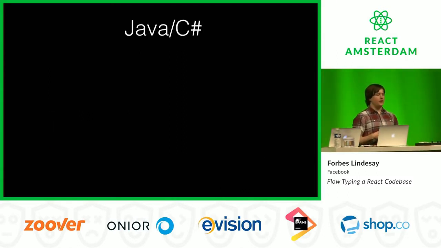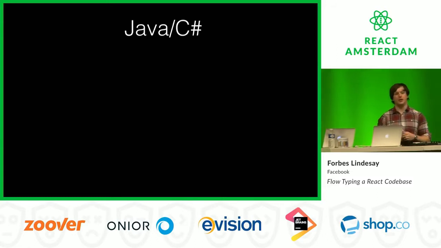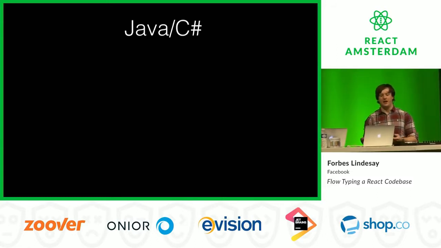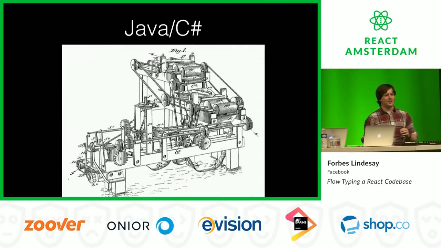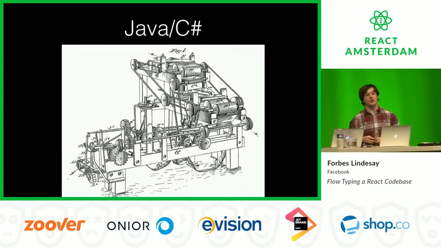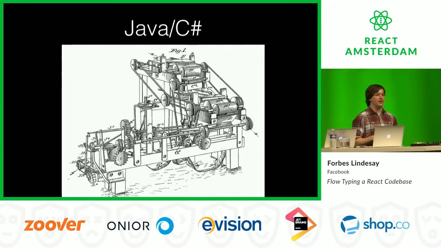If you've used type systems in the past, there's a good chance you've used type systems from a language like Java or C#. And these are kind of cobbled together, complicated machines, these type systems. If you look at type systems in languages like Java and C#, what you'll find is that they don't produce soundness.